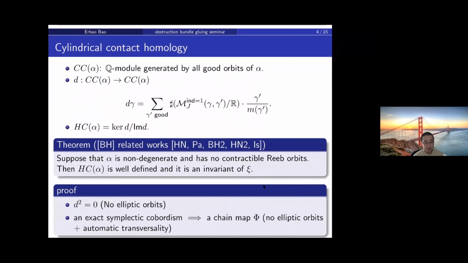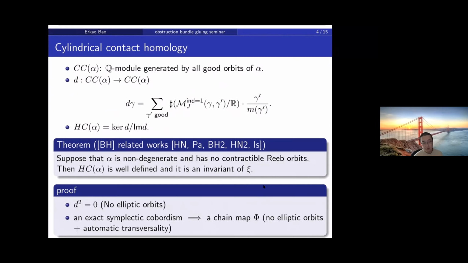It's a sum over all the good Reeb orbits. We count the moduli space of J-holomorphic cylinders from gamma to gamma prime of Fredholm index 1, so this is a one-dimensional moduli space, and then you mod out the translation by R. In good cases this is just a finite number, so you count the number, and this will be the coefficient in front of gamma prime.